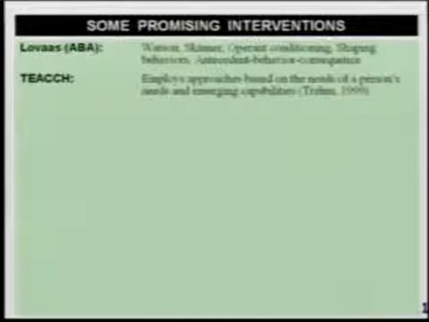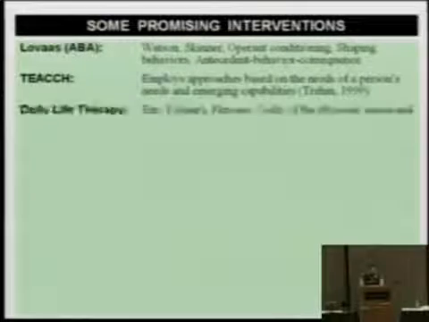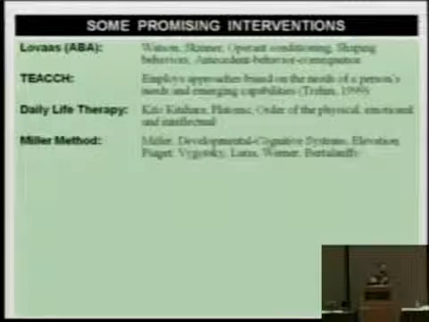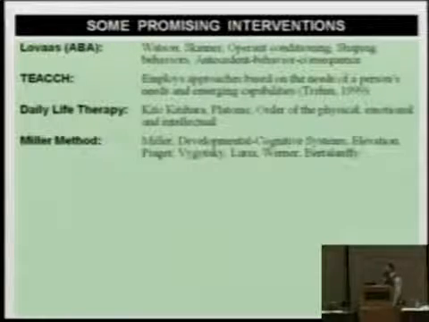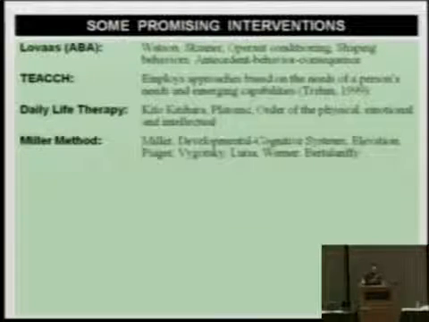We have TEACCH, which works on a person's strengths and emerging capabilities, workstations, ordering the environment so that the person can be successful. Daily life therapy comes from Japan, focuses on ordering the physical, emotional, intellectual components of the child. We're going to get more into that as well.